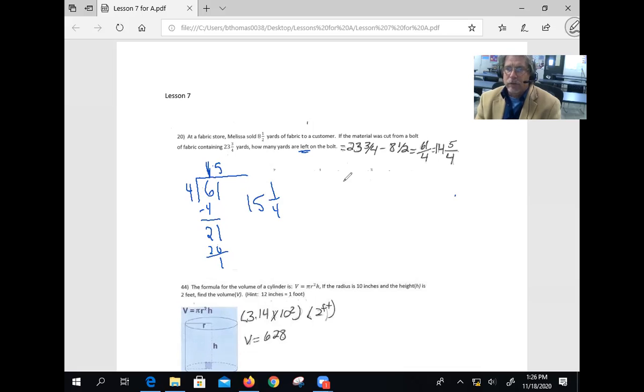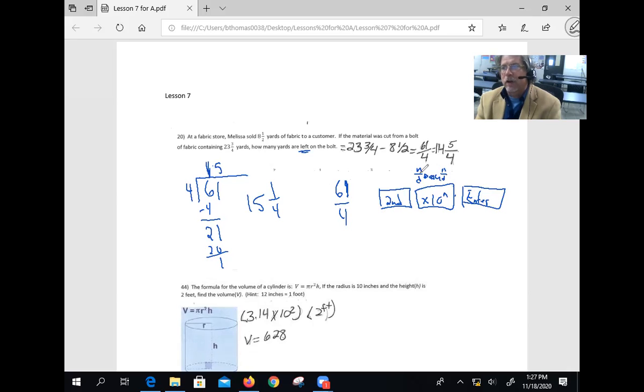If you're going to use a calculator, if you have that 61/4, I can use a calculator to change that to a mixed number. What you can do is hit the second button, and then hit the times 10 to the n key, and it'll do what's above there. Right above there, there's this n over d, and then these little arrows, Un over d.